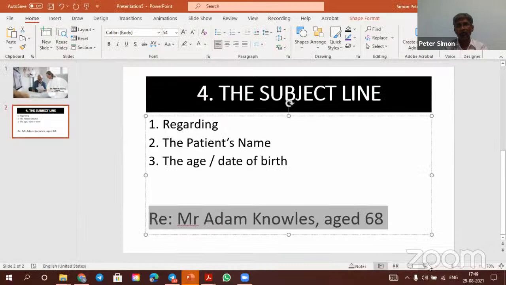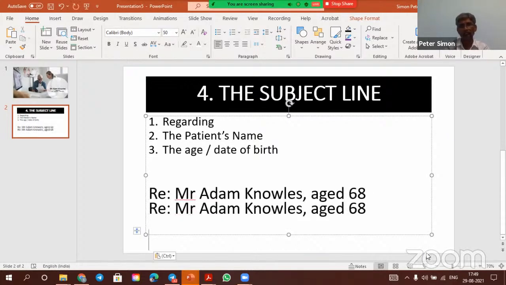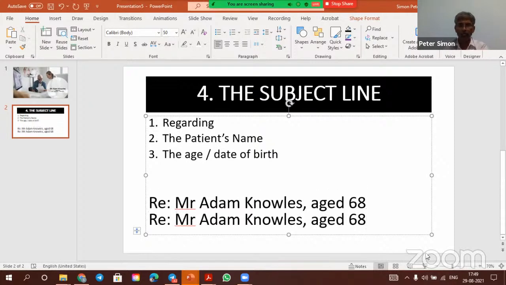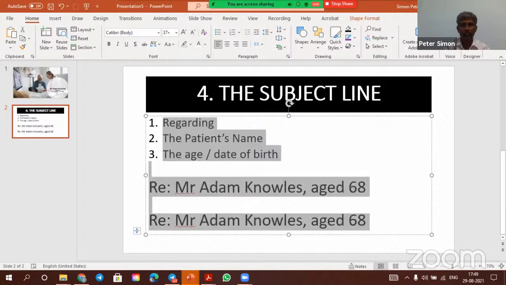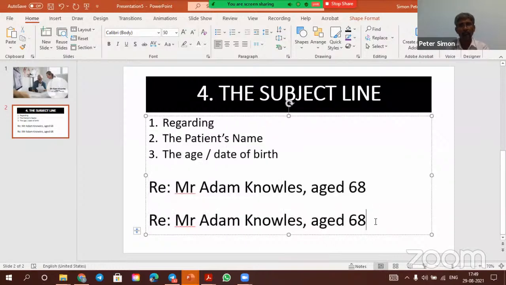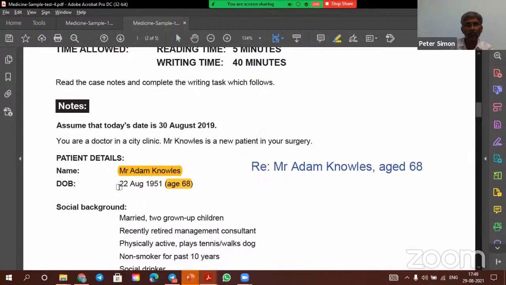Or you can also write date of birth. You can also take this one. This is the date of birth.